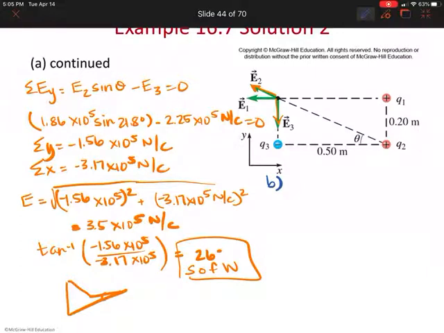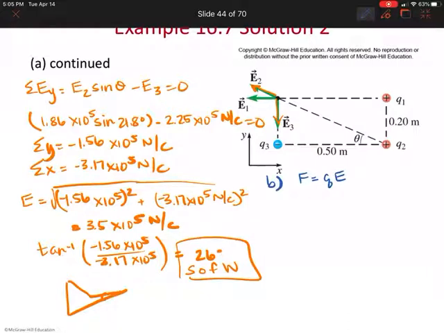Part B says, what is the acceleration of an electron that's located at point P? Assume that no forces other than the electric field are acting on it. So this is wanting you to figure out the acceleration. Let's write some equations down.